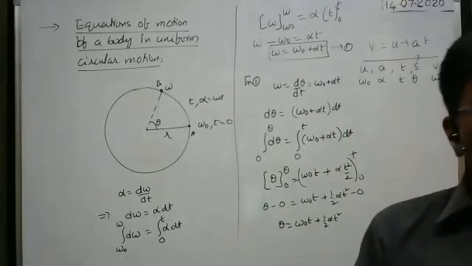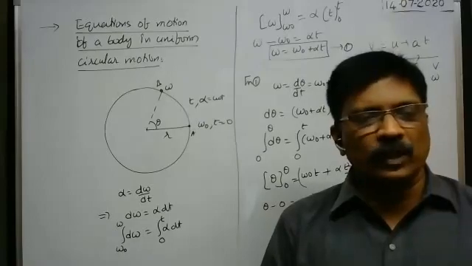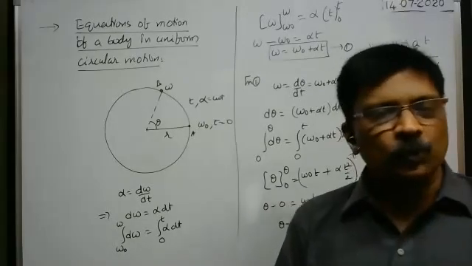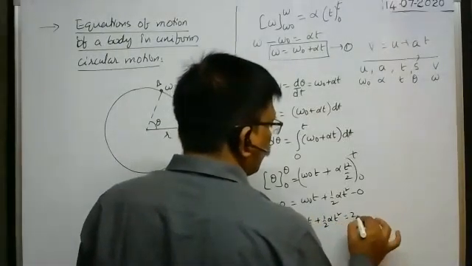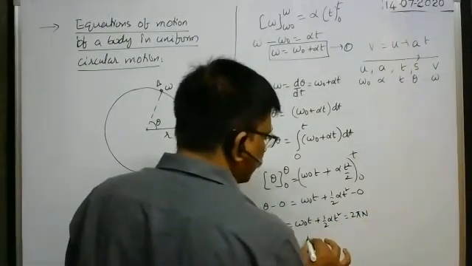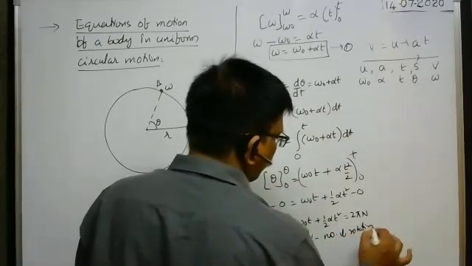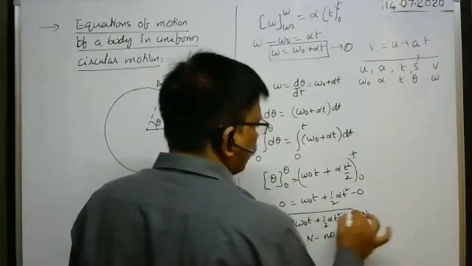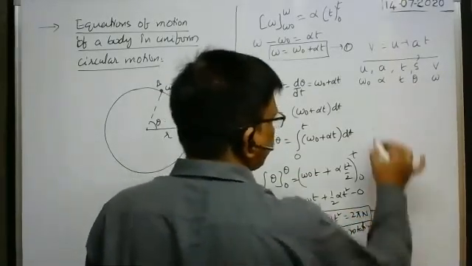If it completes n rotations, what is the total angular displacement? n into 2 pi. Very good. So this angular displacement can be written as 2 pi into n, where n is the number of rotations. So this formula is also very, very important. This is equation 2.